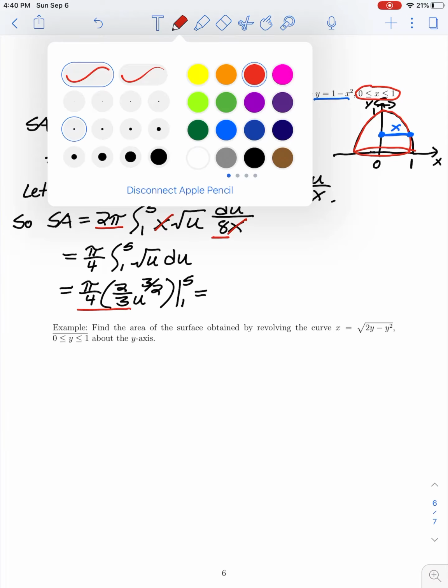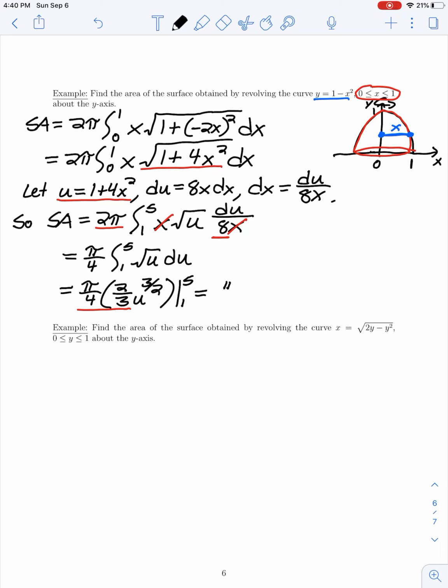So that's 2 pi over 12, or pi over 6, times, when I evaluate this u to the 3/2 at 5, I have 5 to the 3/2, or 5 times the square root of 5, minus 1 to the 3/2, which is 1. So this would be my area of that surface illustrated in this example.